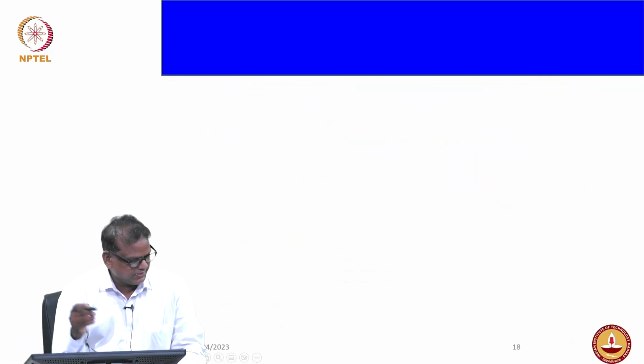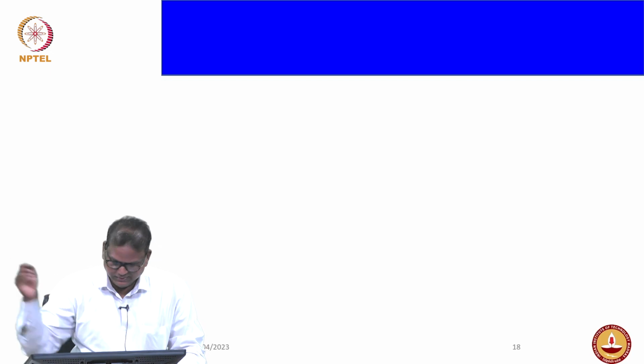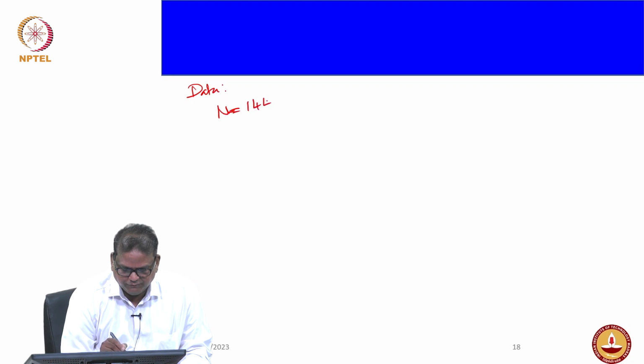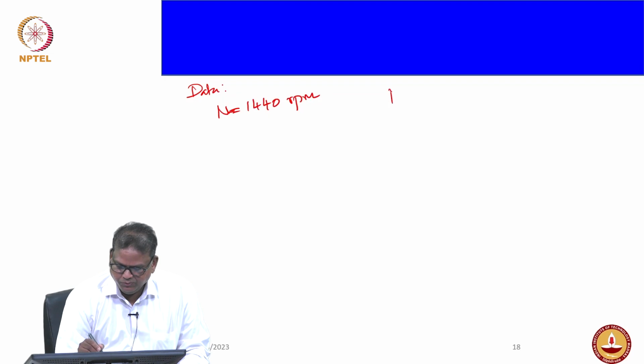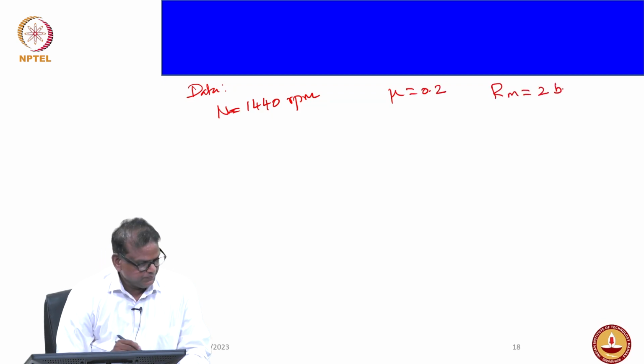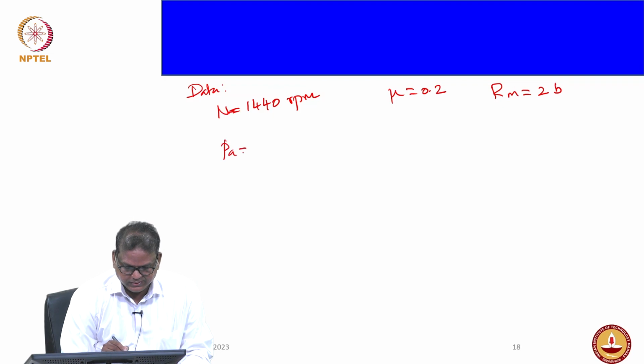Right. The given data: your speed is 1440 RPM. Yeah, that is correct. Mu is given as 0.2. Your mean radius is 2 times the face width. Then your allowable pressure is equal to 0.1 Newton per millimeter square.